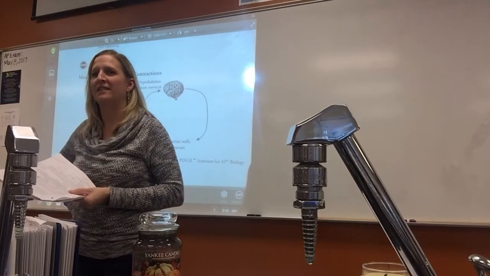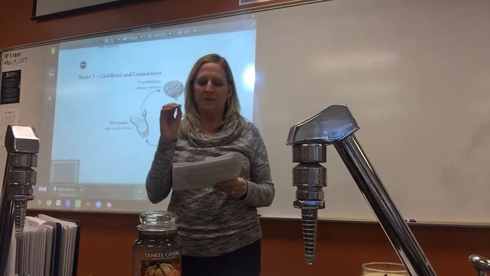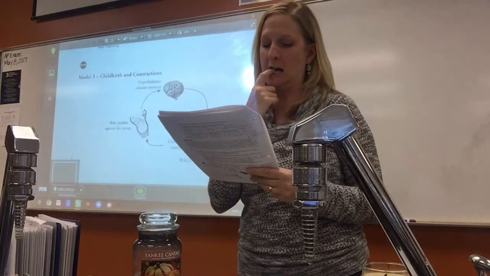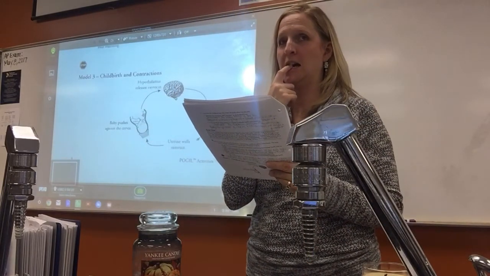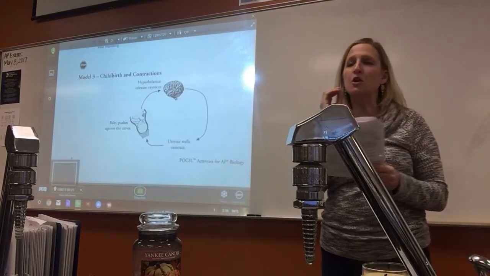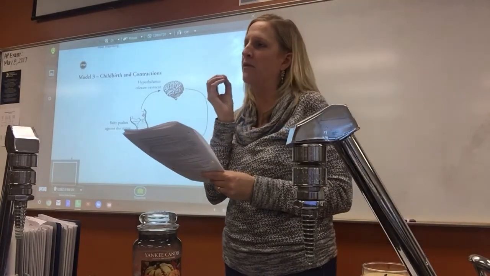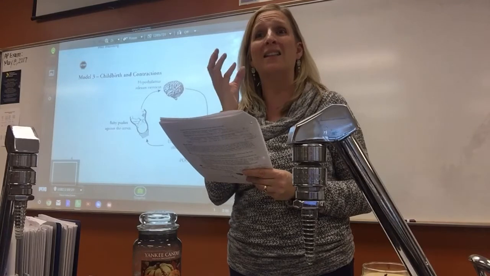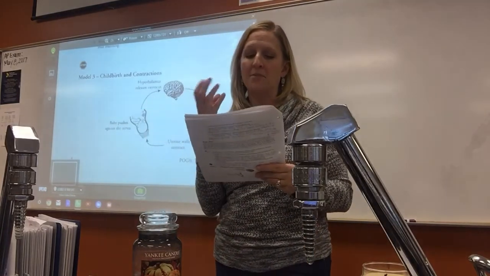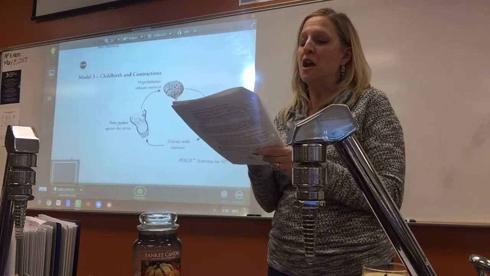When you haven't drunk very much, the water level and pressure in your bloodstream go down, then your hypothalamus triggers ADH to signal to your kidneys, hey, we have low blood pressure, let's reabsorb water and not get rid of it in our urine. So they take up a lot of the water that would have gone into your urine, and it goes back into your bloodstream, and then your blood pressure goes back up. So low blood pressure to high blood pressure, you're counteracting, and therefore it is negative feedback.